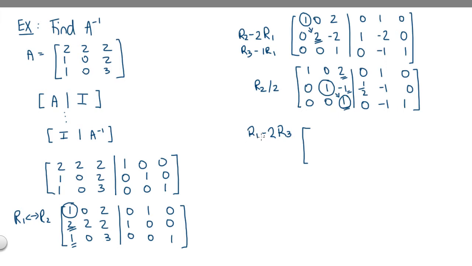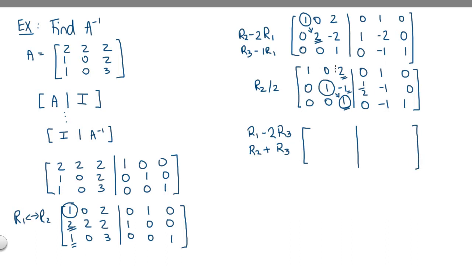So we'll do row 1 -2 times row 3. To get rid of this -1 in the second row, we'll have to go row 2 and now plus 1 times our pivot row. Our pivot row is row 3, just where that circled 1 is. And row 3 can stay the same. So let's go through and figure out what we're going to get.